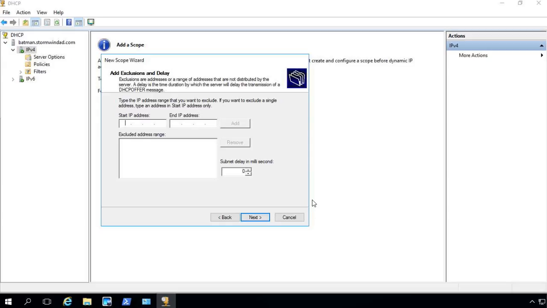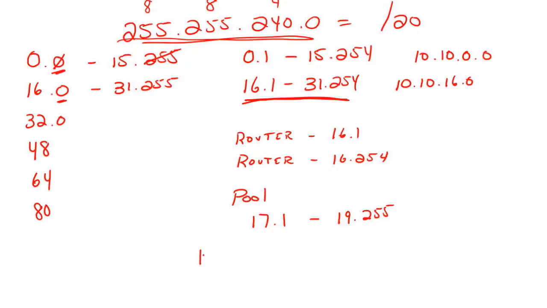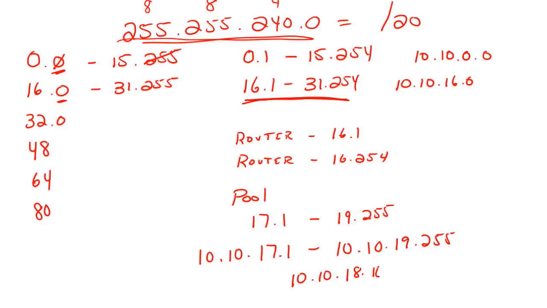Now, when I say next, it's going to ask me, do I want to take any numbers out of that grouping? So I'm using 10.10.17.1 all the way through 10.10.19.255. Let's say, for example, that the address 10.10.18.100 is already issued to somebody.